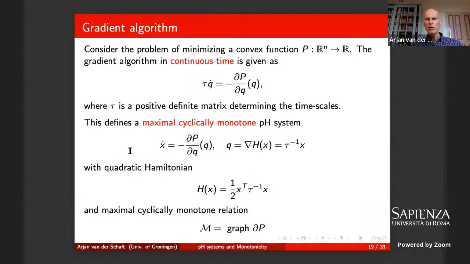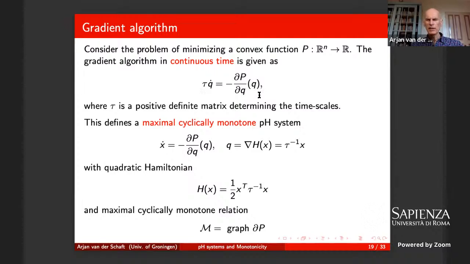Another example, but now coming from convex optimization, is a standard gradient algorithm for computing the minimum of a convex function, say from R^n to R. Normally we do that in discrete time, but we can also do it in continuous time.